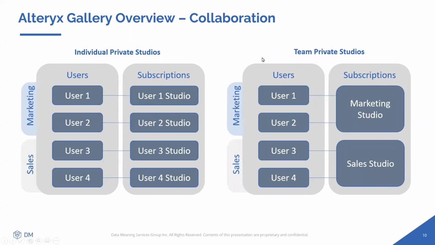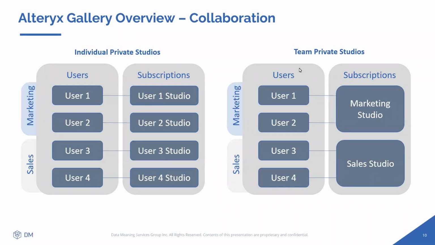So, okay, you have user one here, the user one studio, with a lot of workflows developed by this specific user, and you want to move these workflows to a marketing studio, so you can start leveraging the collaboration, the versioning, and everything related to studios that we can do. But the idea is that the user, the artisan, can only be in one studio at a time.